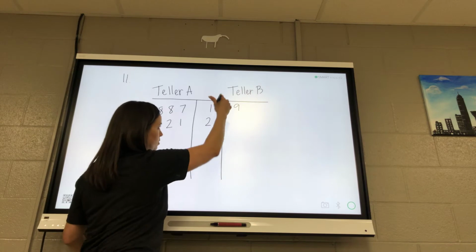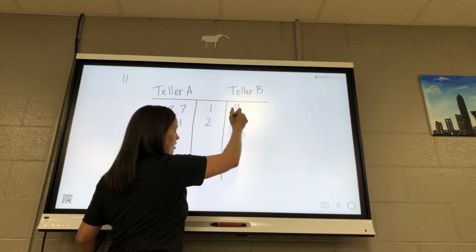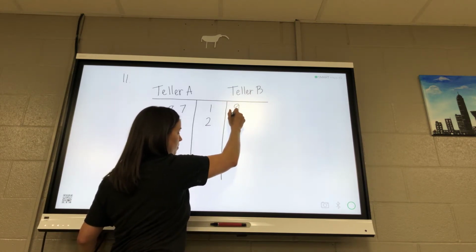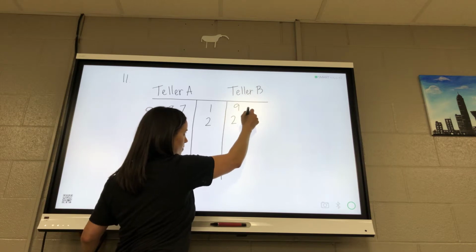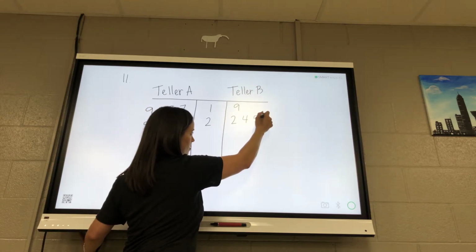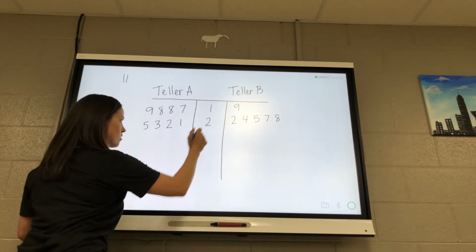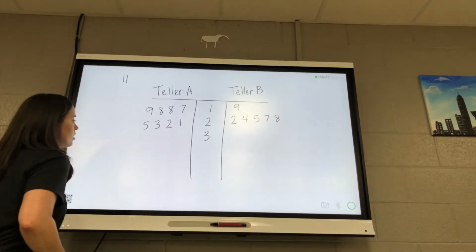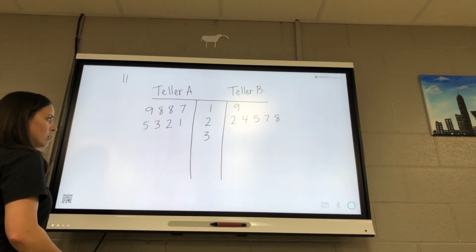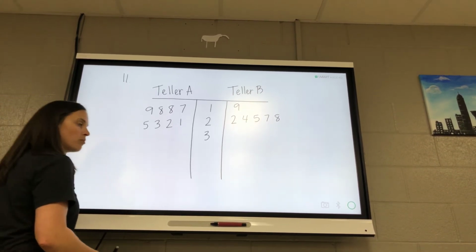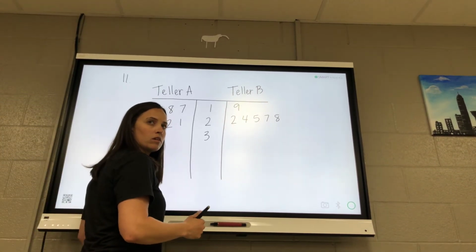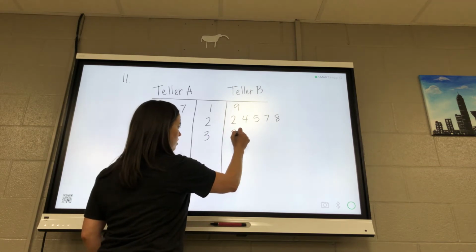Colby, what do you see in the 20s for teller B? I see 22, 24, 25, 27, 28. Okay, Drew, what do we see for 30s for teller A? There's none. And for teller B? 32 and 35.